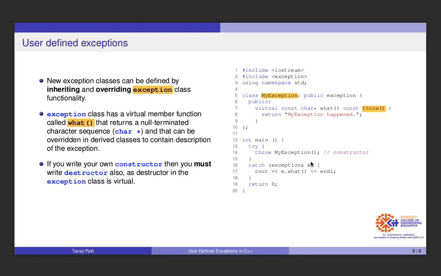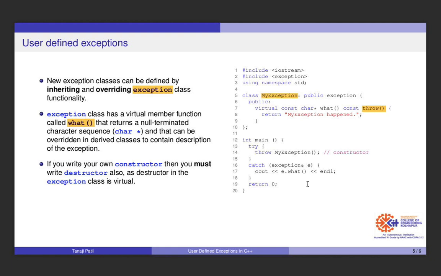The important thing here is the type of exception I am throwing is my exception, and the type I am using in the catch block is exception. That is possible because exception is the base class for my exception, and because we have the virtual method what, even though the data type of e, which is the parameter for the catch block, is exception, the actual object stored in it is my exception.